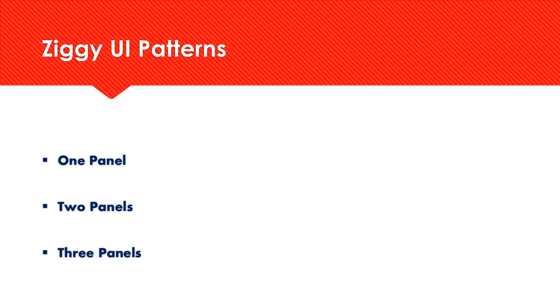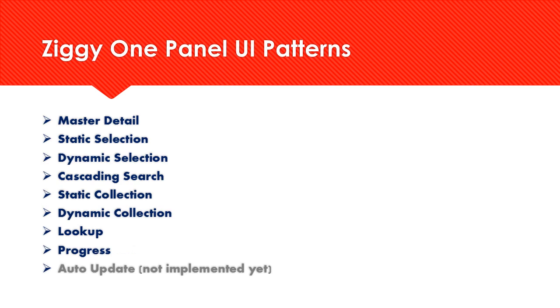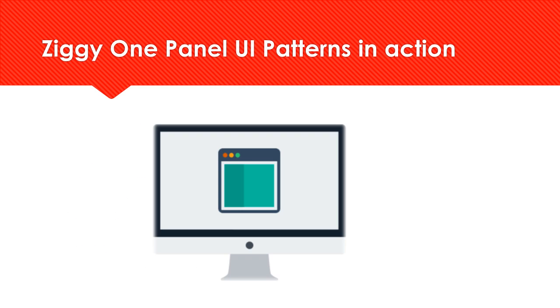There are patterns remaining within one panel, patterns who use two panels, and there are even patterns who use three panels. Here you see an overview of all the patterns that remain within one panel. Let's have a look at some of these patterns in action.